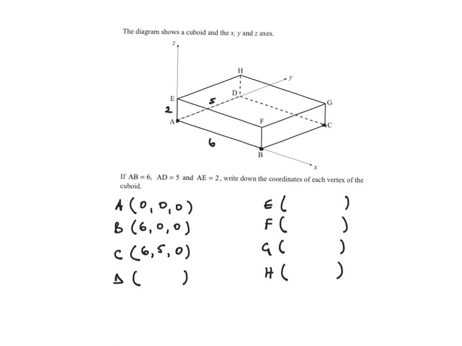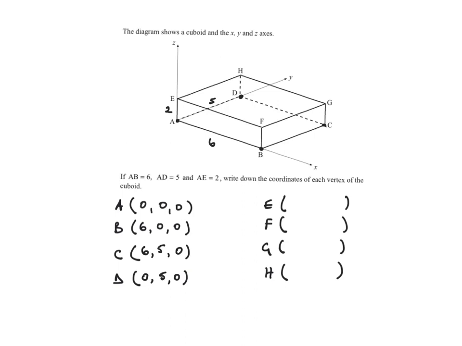What next? We've got the point D. Where is D? Here it is here. So let's start at the point A. Now, this one, to get from A to D, we don't move any in the positive x direction, so it's 0. We move 5 in the positive y direction, and we're not moving up off the page at all, so the z coordinate is 0.